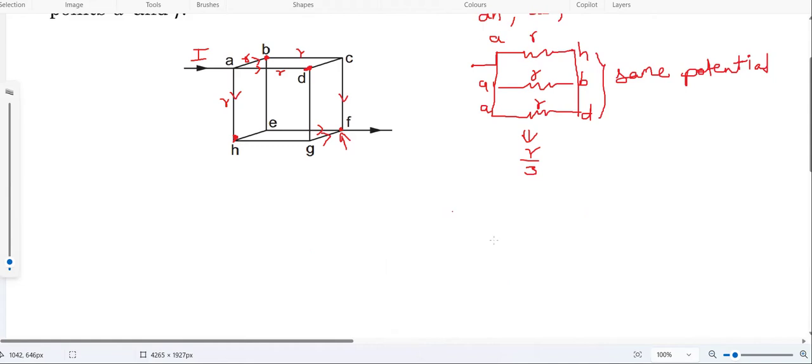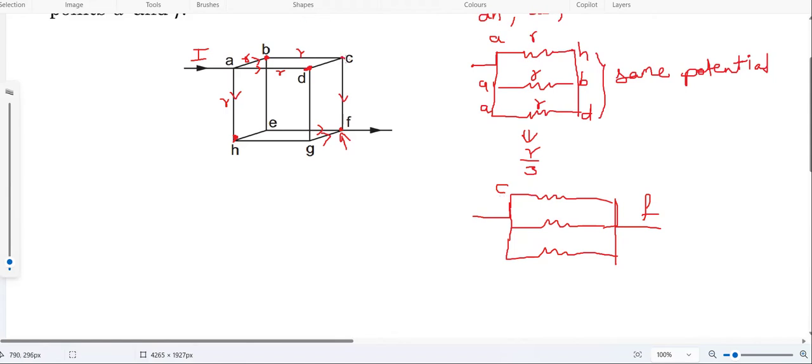So where do I have to take? Let's take again 3, these points C, E, G, the last step.